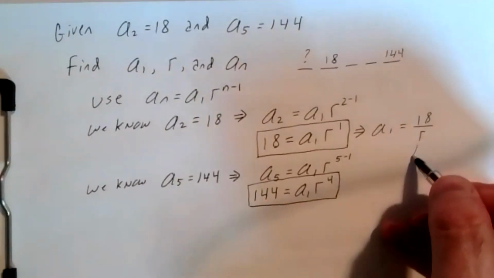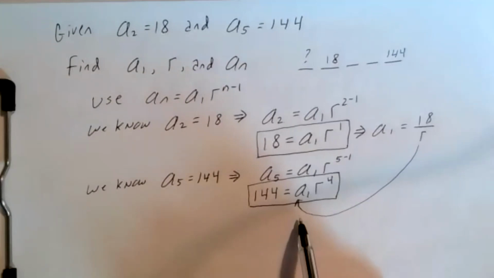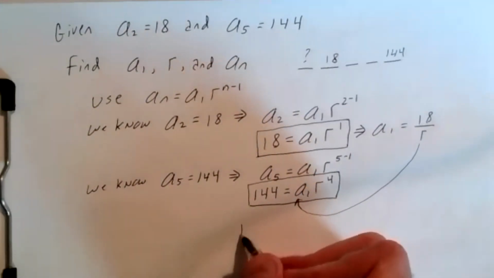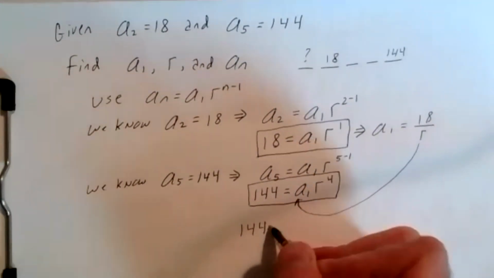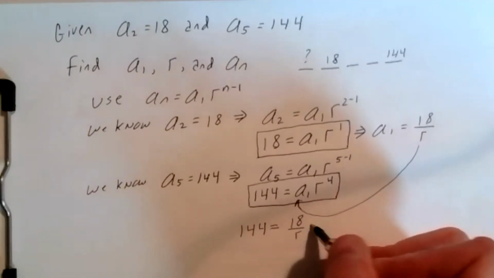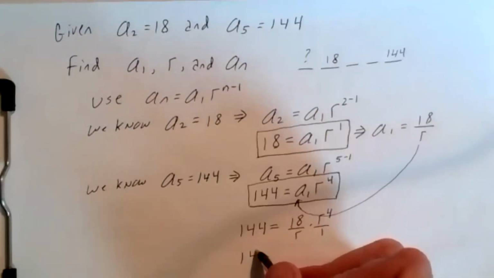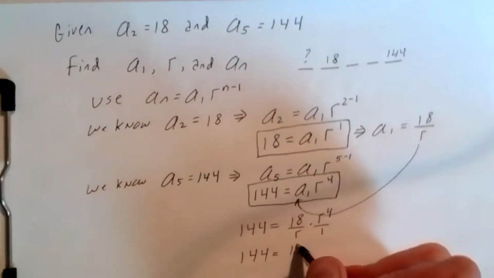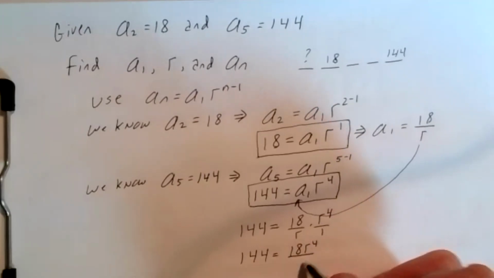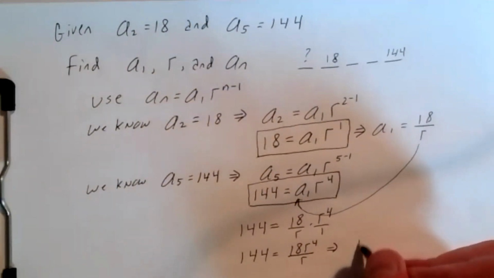I can now take 18 over r and substitute it in for the first term in the second equation, substitution method. Therefore, the second equation upon making that substitution is 144 equal to 18 over r times r to the 4th. 144 is equal to 18 r to the 4th divided by r. But what's r to the 4th divided by r?